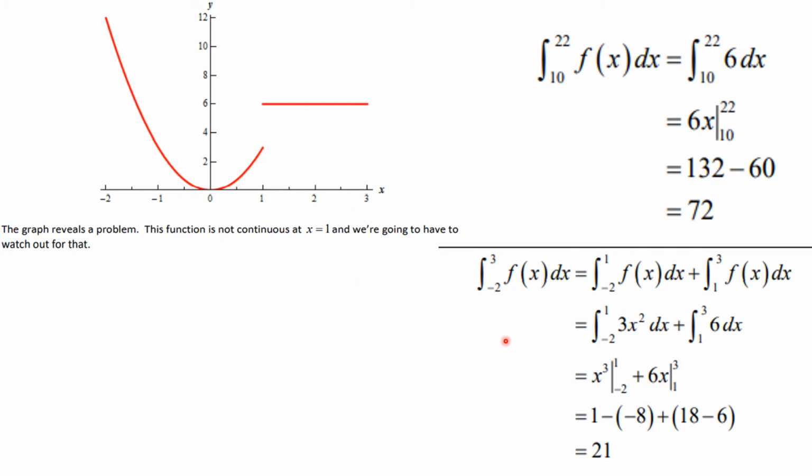So down here, for the first integral, we're going to be using 3x squared, and for the second interval, we're using the value 6. So I use the fundamental theorem of calculus both times, and I do the calculations, and I get 21. So you see we had to break that into 2 pieces.